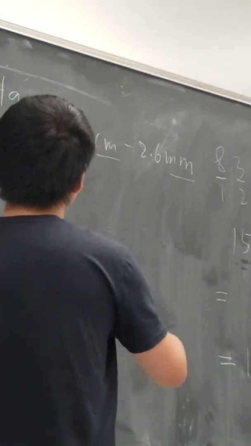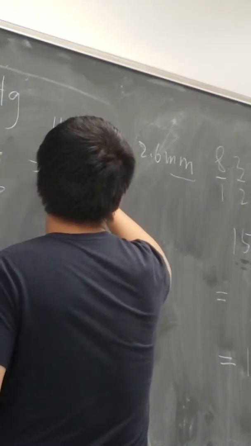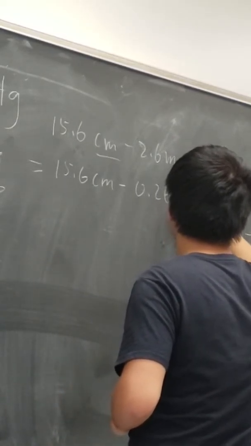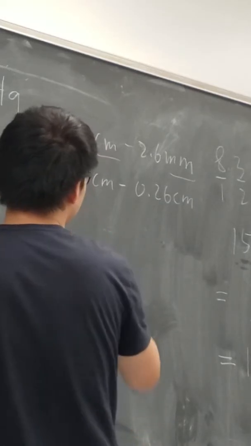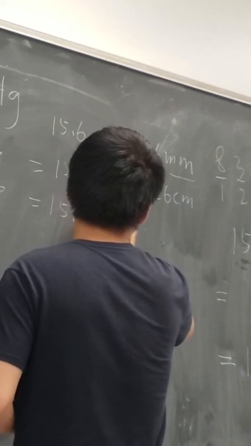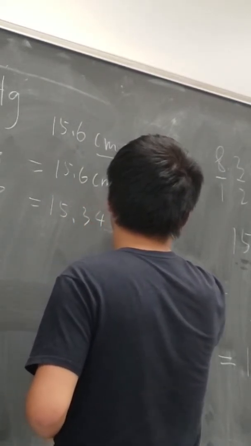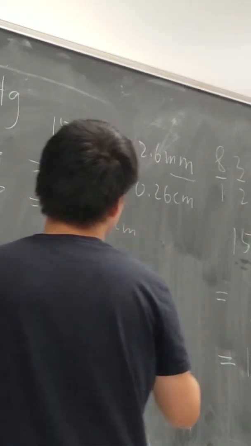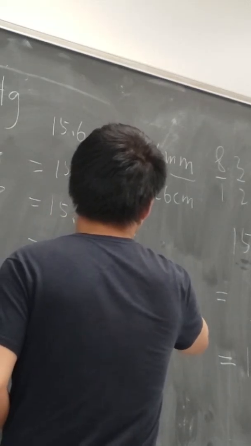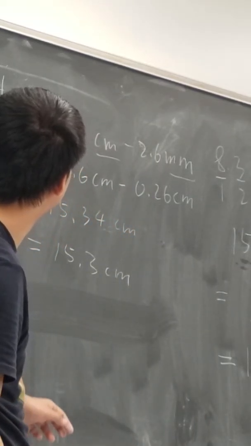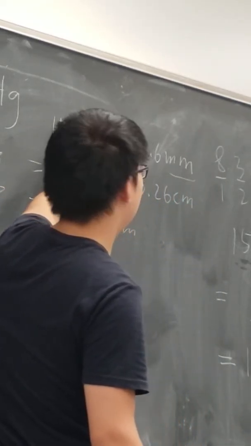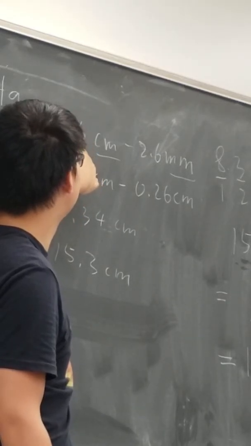So let's first do the conversion. Now, if you calculate it, it would be this, but you want to report it as 15.3 centimeters, because this is only accurate to the one digit after the decimal.